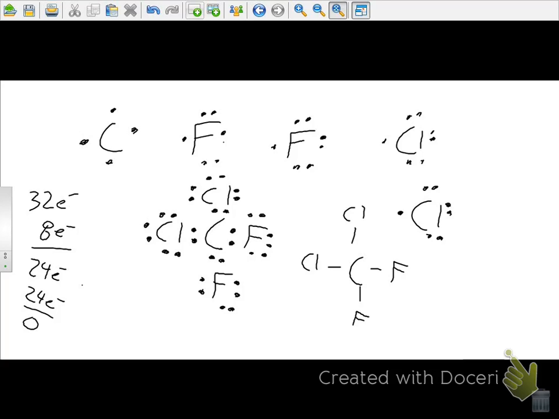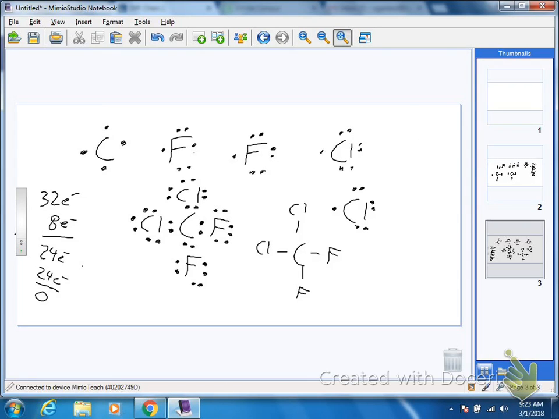Yes? For the line one, how do you know when to put the dots with it? Because on the last one, it's like the dots with it. Right. So the difference is when we get into, like tomorrow, deciding the shape of it, then it's important for you to show the electron pair off the center.